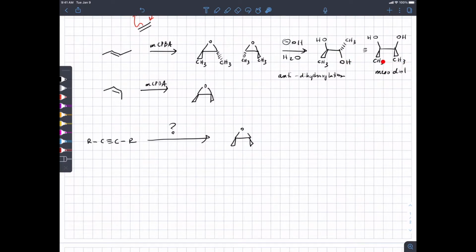So you would have to first say, okay, I'm going to redraw this molecule such that the OHs are on opposite sides. I'm going to pay attention to the alkene. That's going to tell me what the stereochemistry of my epoxide must be, which will tell me what the alkene must have been, and so on.